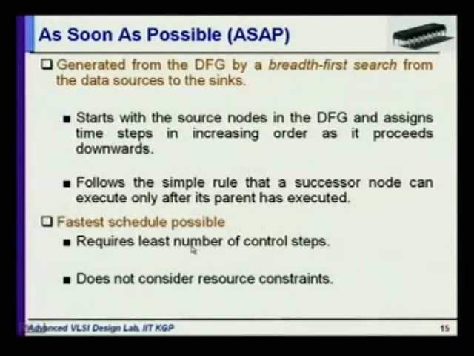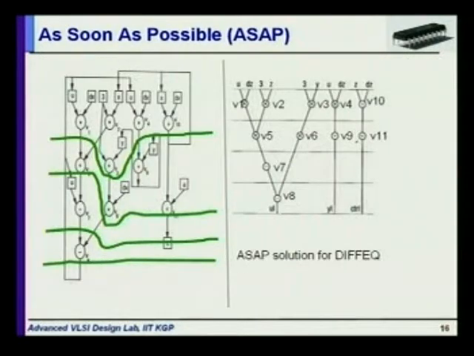First, as soon as possible. From the name it is understood that you execute your operations as soon as possible. For example, here is the data flow graph for the DUI52 example, and the logic is that V5 cannot be executed unless and until V1 and V2 are executed.